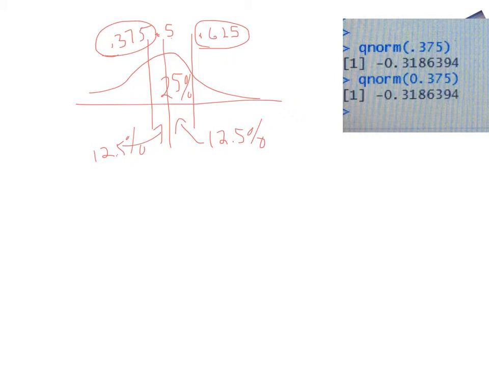And we're used to using RStudio to give us those p-values.